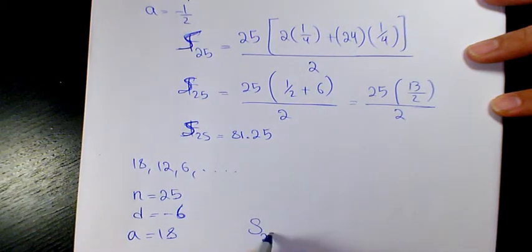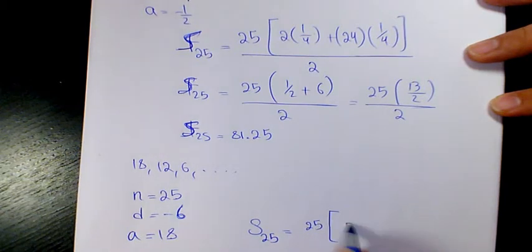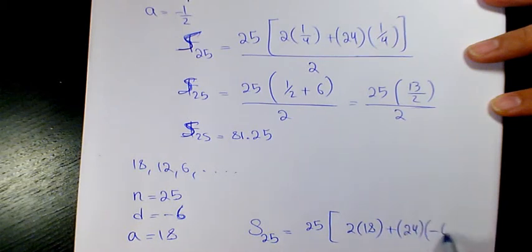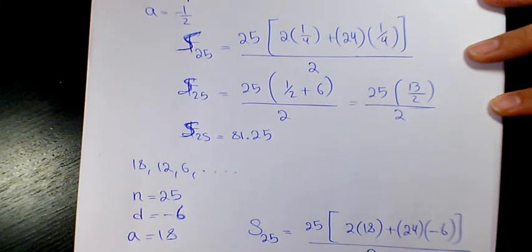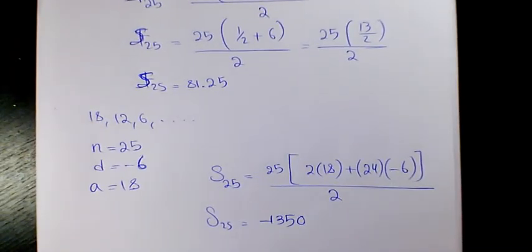So S25 will be 25 times 2 times A plus N minus 1, 24 times D, divided by 2. The sum is going to be negative 1350, as you see it now in here. The sum of the first 25 terms is negative 1350.